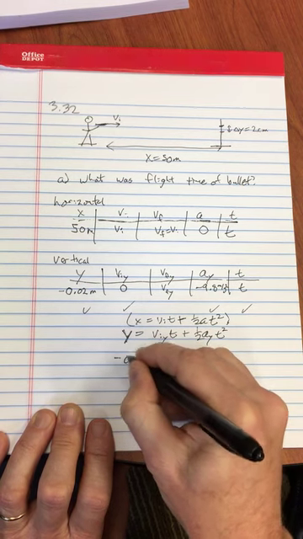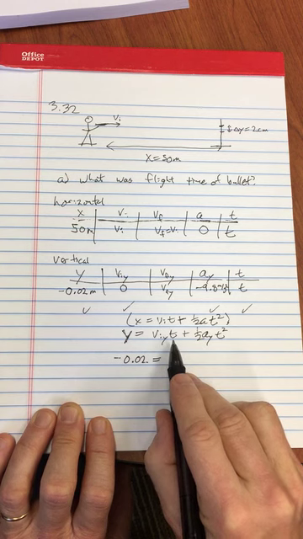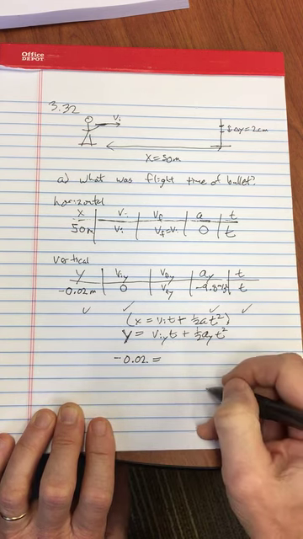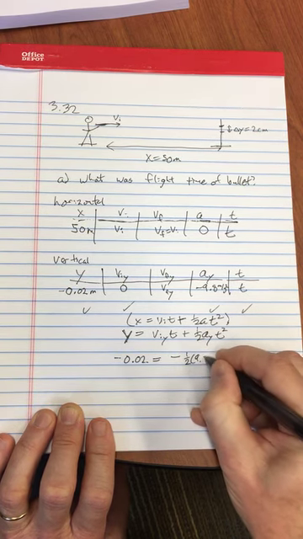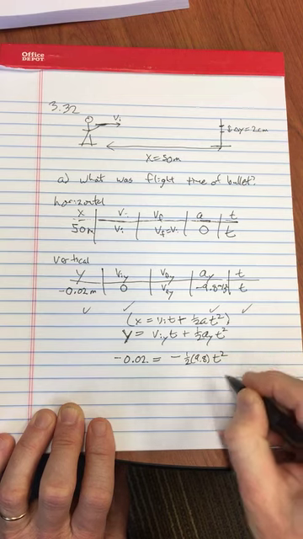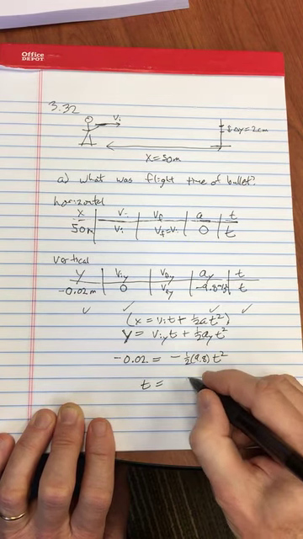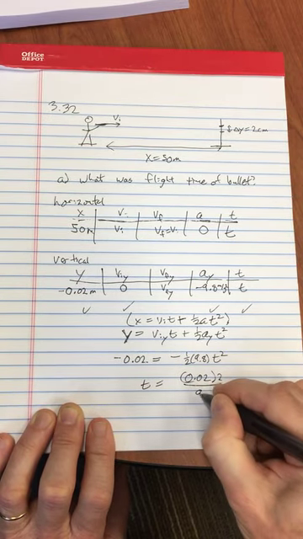So that gives us minus 0.02 equals, and happily, since the initial vertical velocity is 0, this first term drops away, and then we just have minus 1/2 times 9.8 times t squared, and that gives us the time is the square root of 0.02 times 2 divided by 9.8.